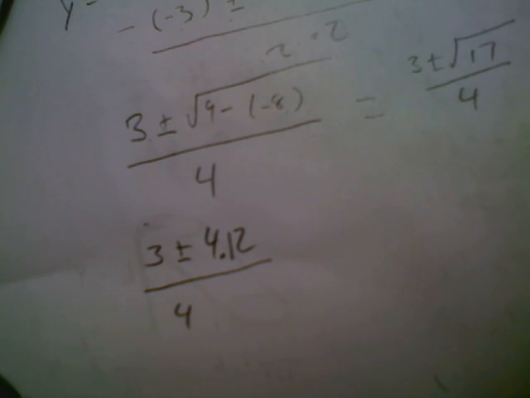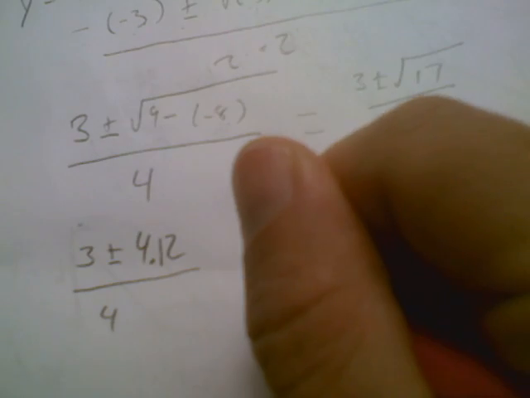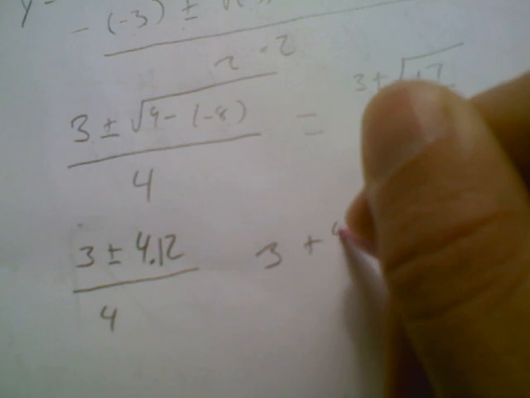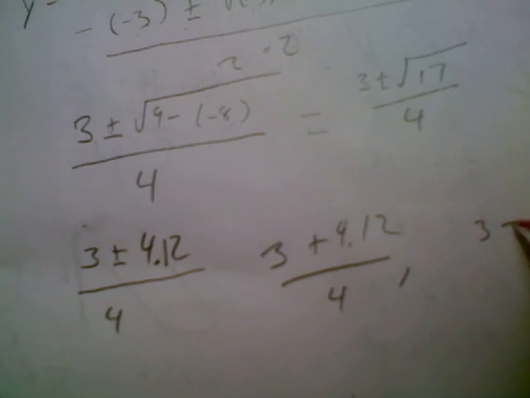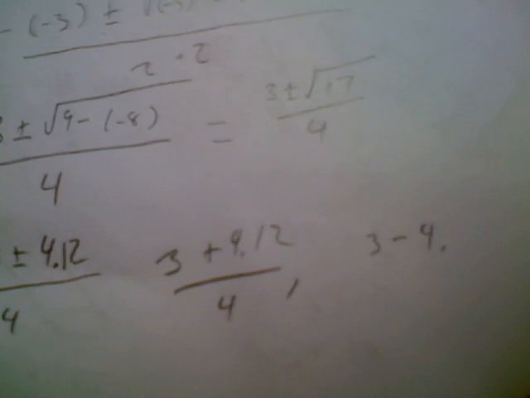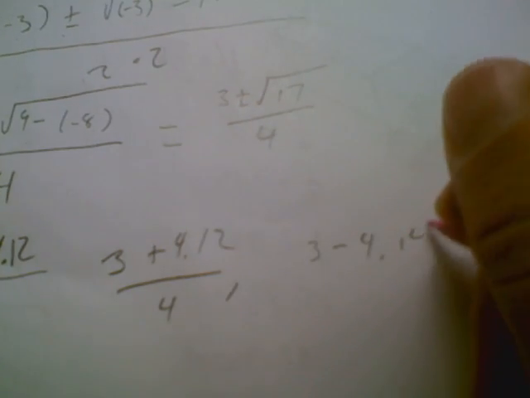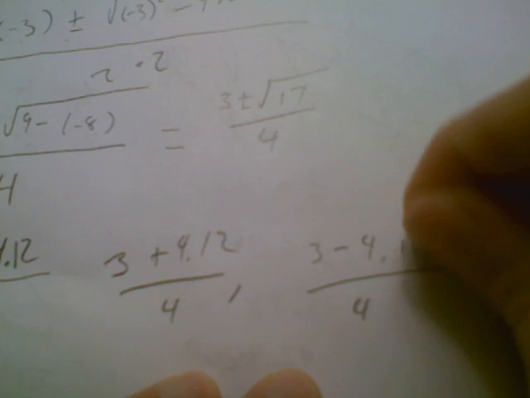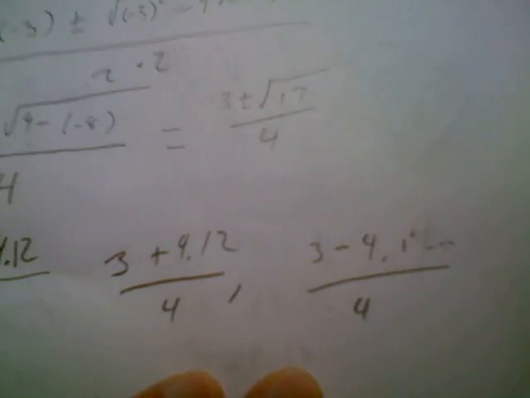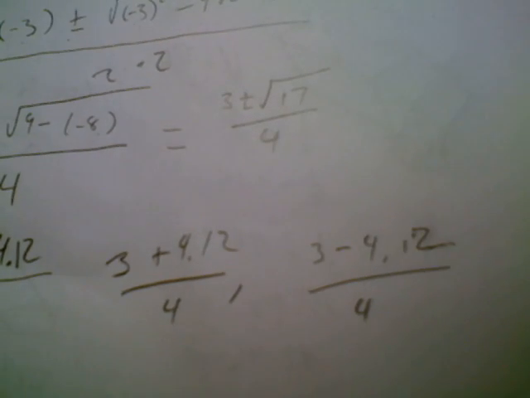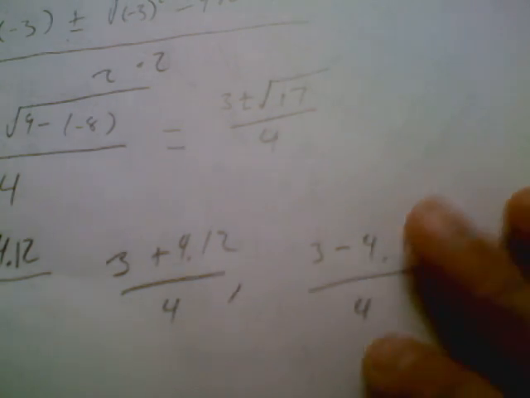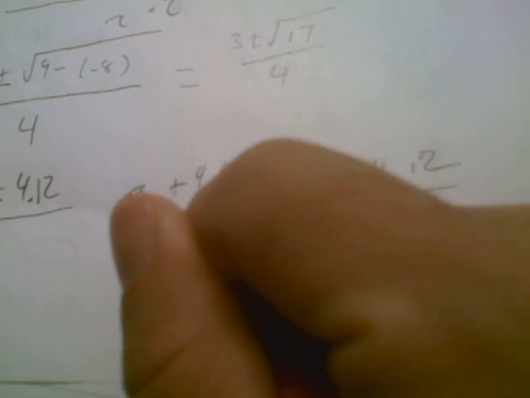So we have to split this up into two different things. 3 plus 4.12 over 4 and 3 minus 4.12 over 4. And with that, we just simplify and solve. 7.12 over 4.